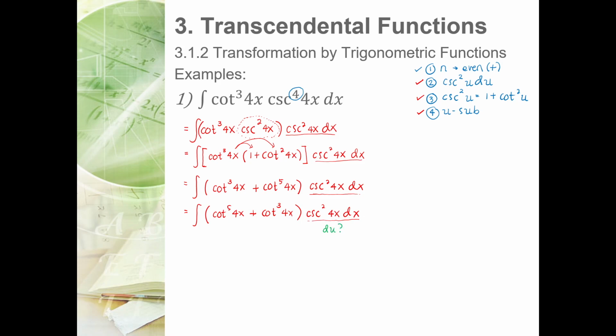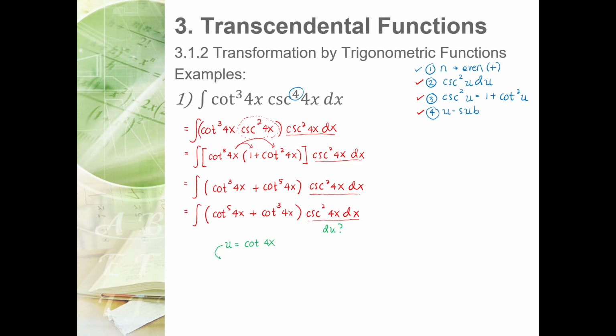Question mark, because we don't know the exact value of our du yet. As you can see, we need to achieve a derivative of cosecant squared 4x dx. We know that the derivative of cotangent is negative cosecant squared. So we let our u be cotangent of 4x.